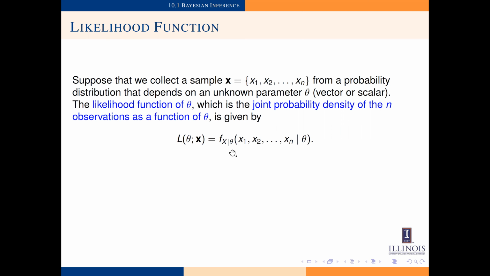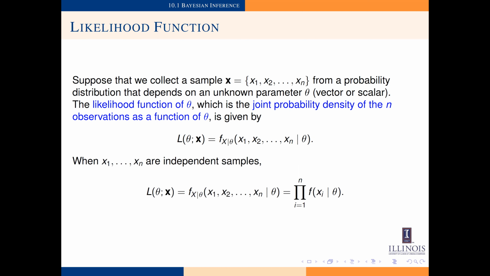And that's simply the joint distribution of our observed data given a particular value of theta. When x1 all the way up to xn are independent samples, or IID samples, then in this case, the likelihood reduces to the product from i equals 1 to n of f(xi given theta).